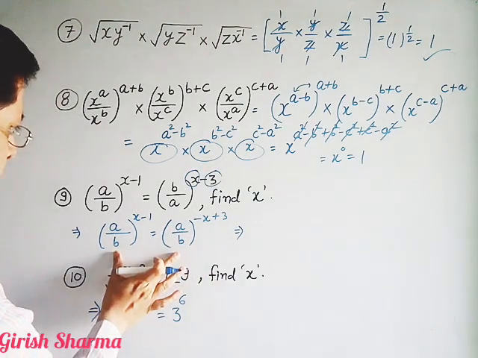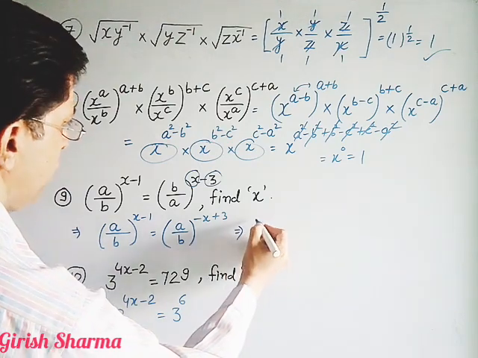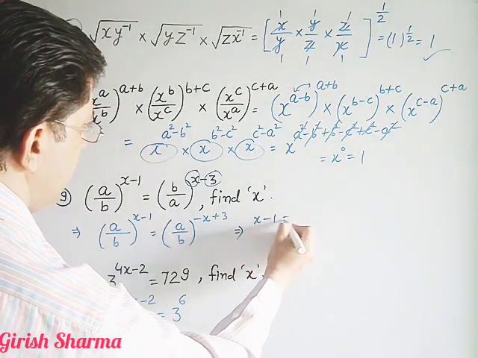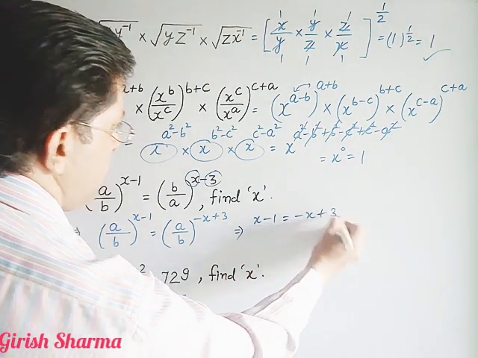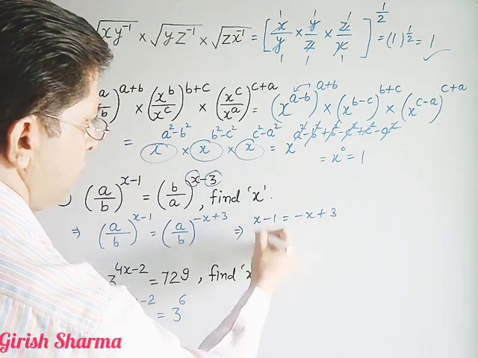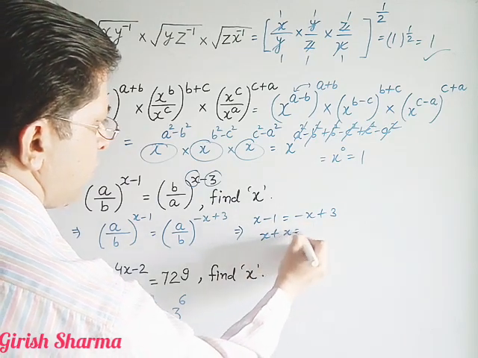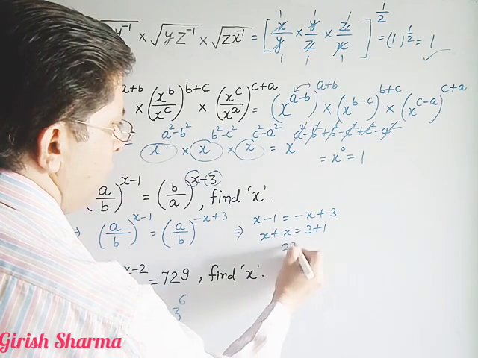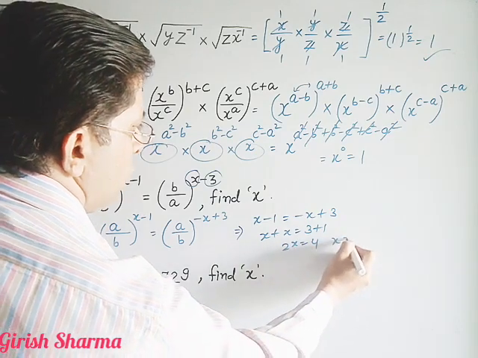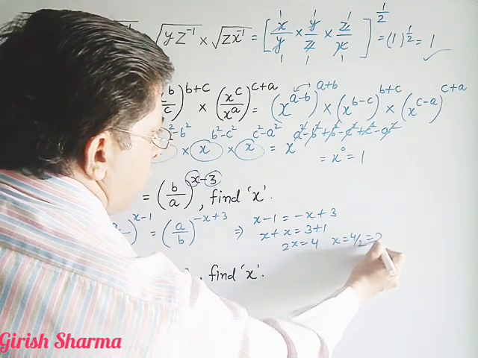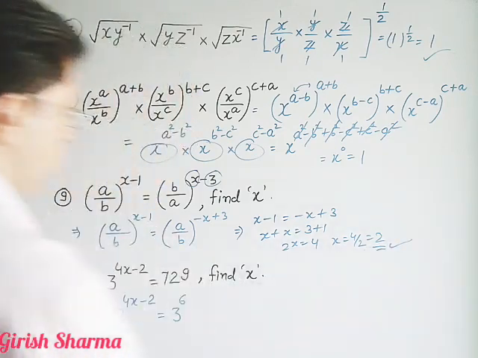Then base is same here, then powers will be equal. X minus 1 is equal to minus x plus 3. X plus x, 3 plus 1, 2x is equal to 4. X is equal to 4 upon 2, which is 2.